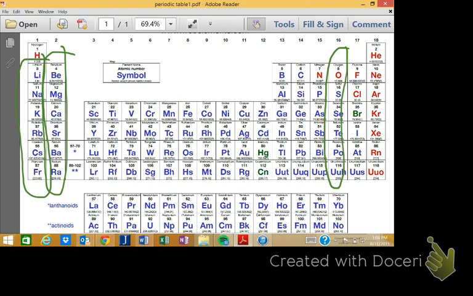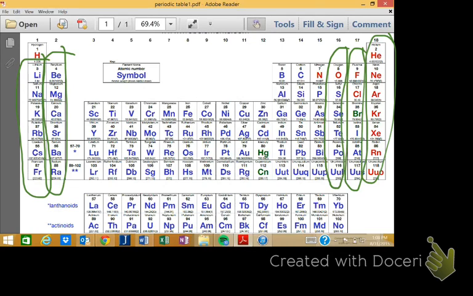It's always too difficult for me, but the 6A, and that'll make more sense later on why I leave it as a 6. 6A, those were called chalcogens. 7A were the halogens, that's fluorine. And then we have, last but not least, the noble gases, sometimes called rare gases, sometimes called inert, but we'll just stick to calling them the noble gases.